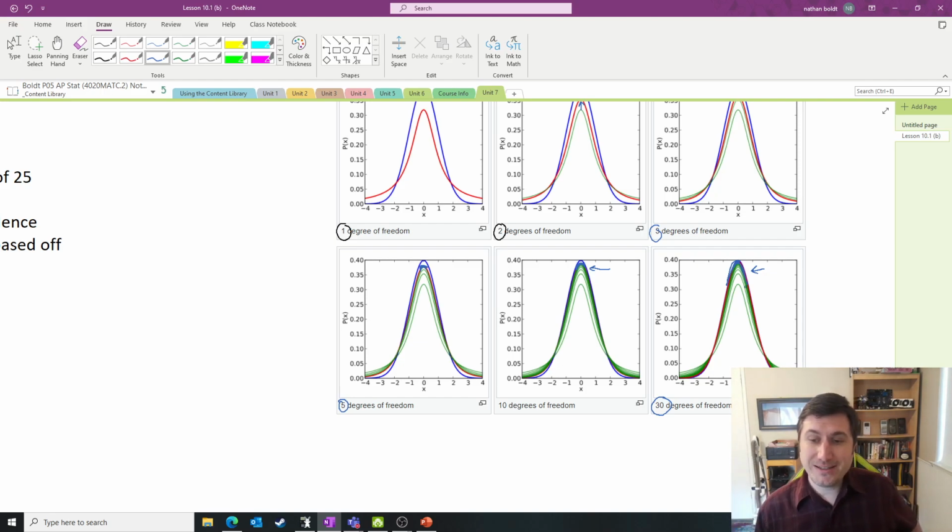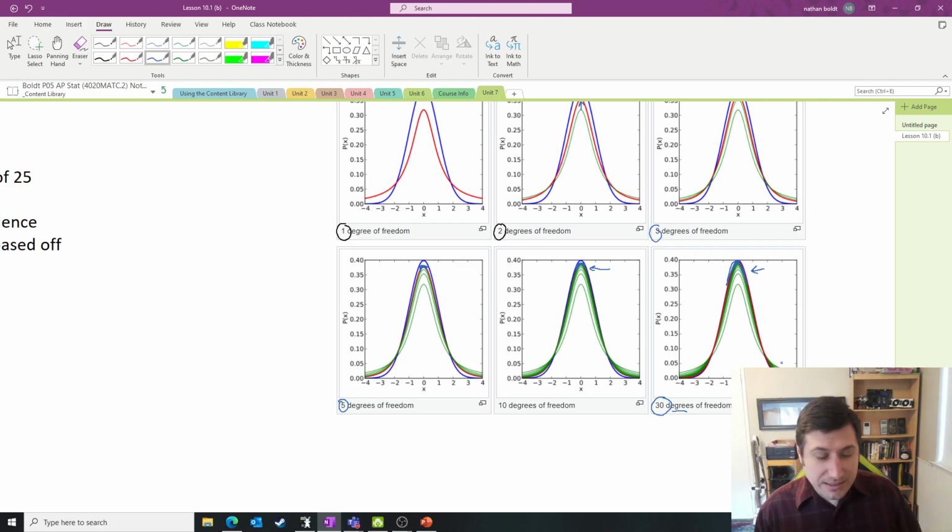Well, because at 99 degrees of freedom, there's almost no difference between the t distribution and the normal. They're very, very close, so that's probably why many tables don't go beyond that. The Z interval and the T interval would be almost identical with sample sizes that large.